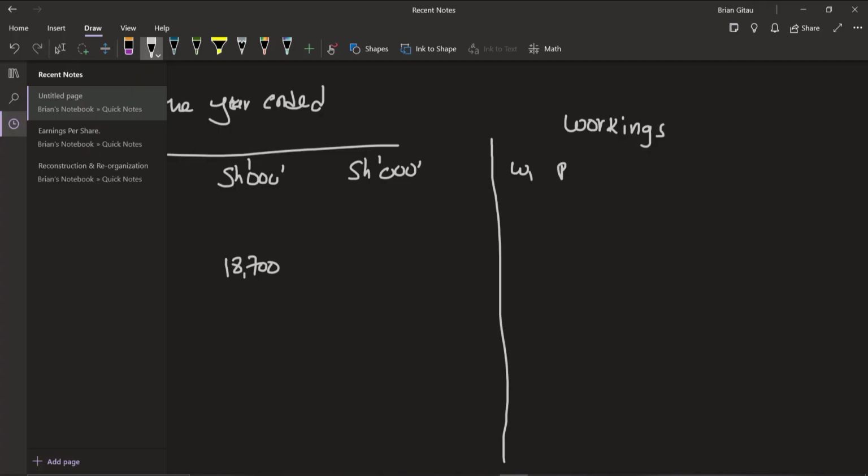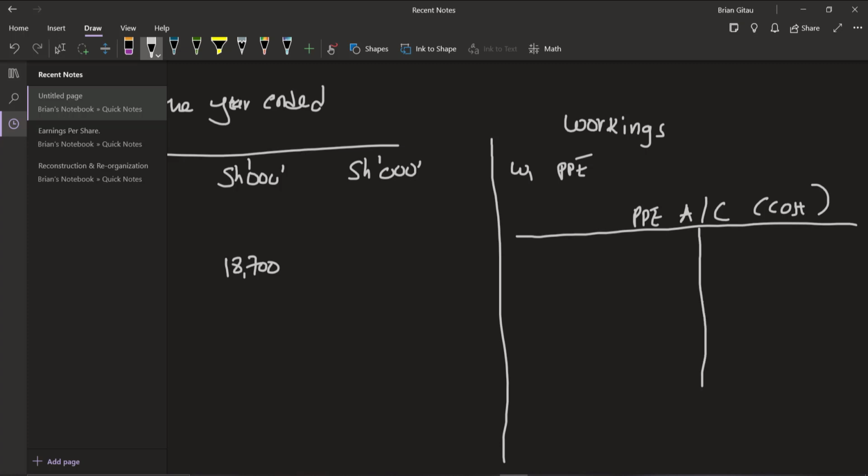Working 1, PPE. We are going to prepare it on cost. So we have the balance brought down, which is from the previous period.